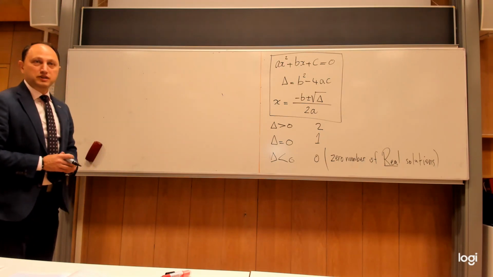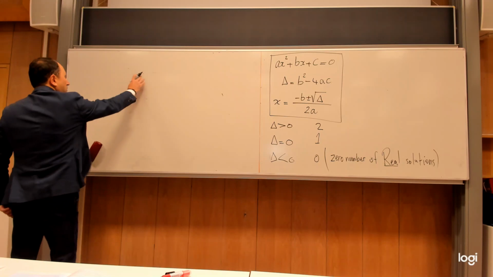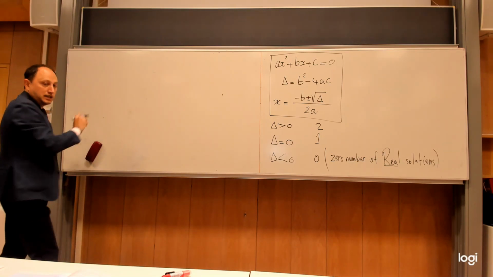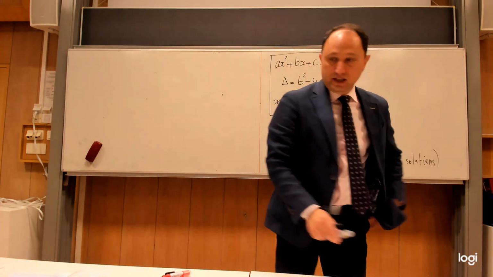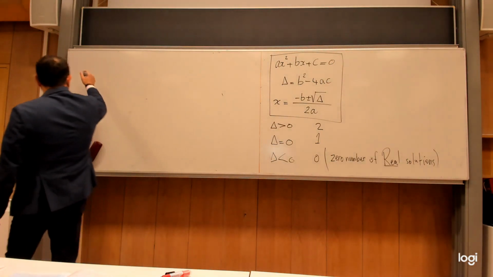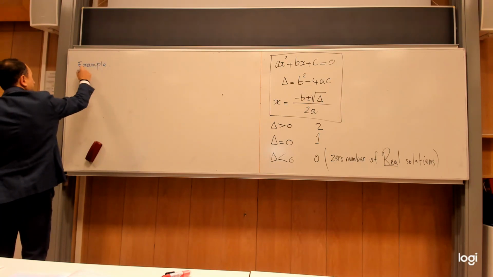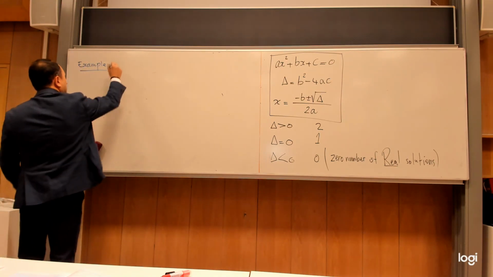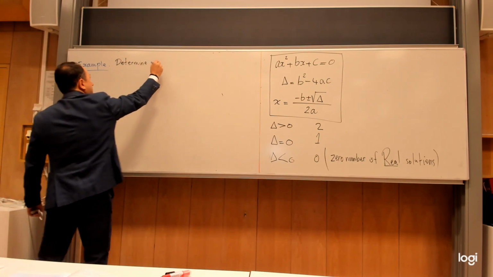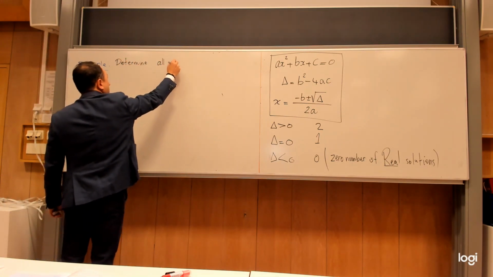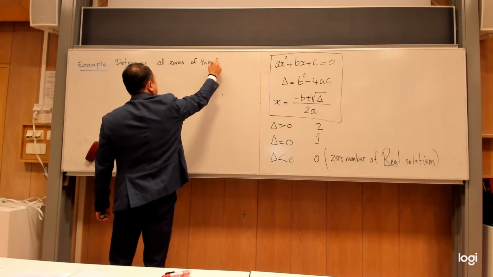Let us start with solving one problem to see how you do that. Okay, I want to wait for you. So, can you solve this equation for me? Let me phrase it in the language of polynomials. So I would say example. Determine all zeros of the following polynomials.